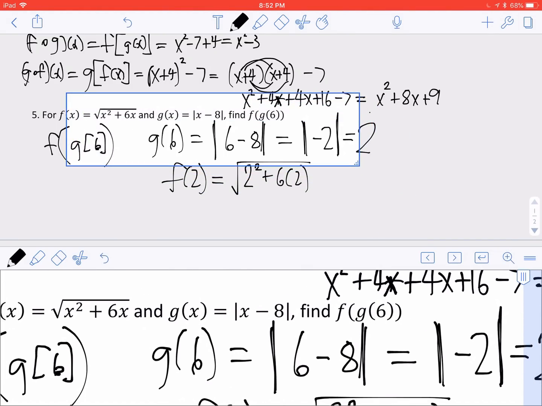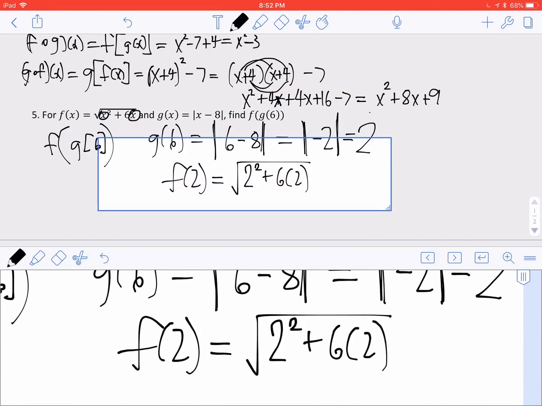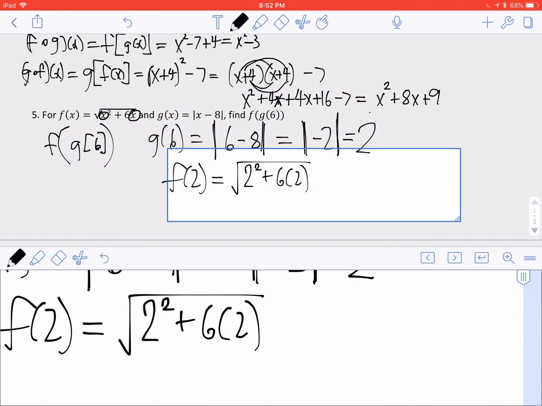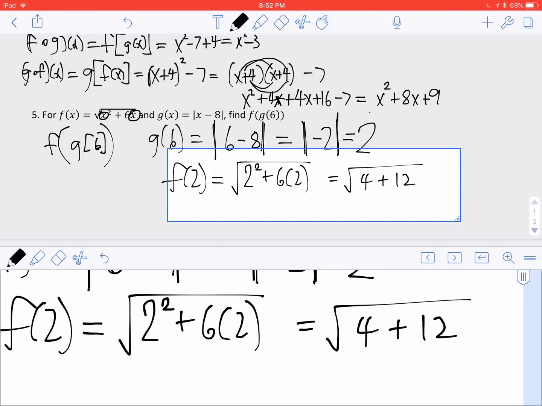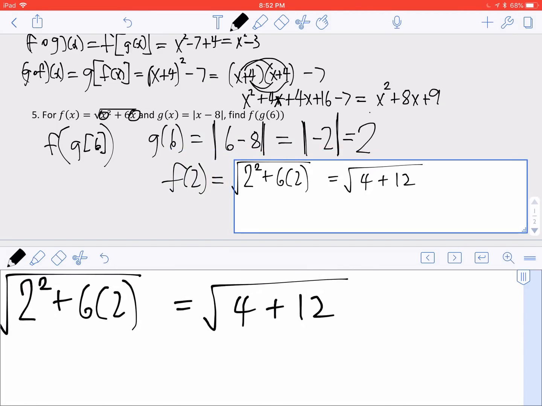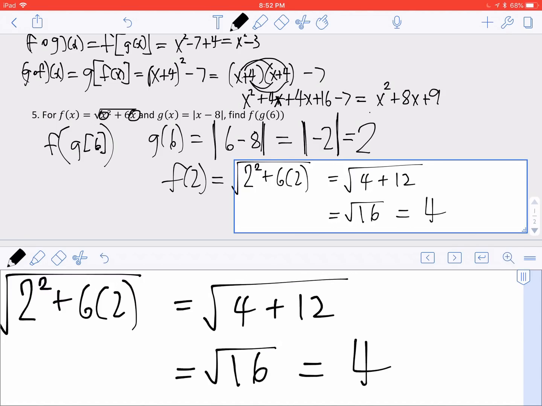Notice I plug 2 in to both places that x appeared. So then that's the square root of 4 plus 12, which would be the square root of 16, which is 4. The end.